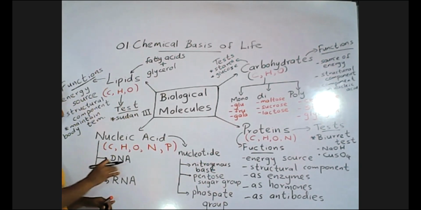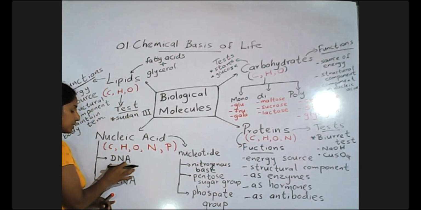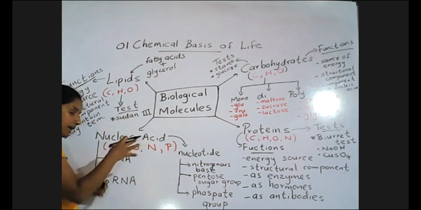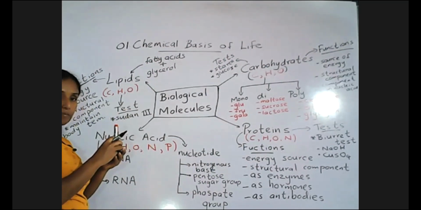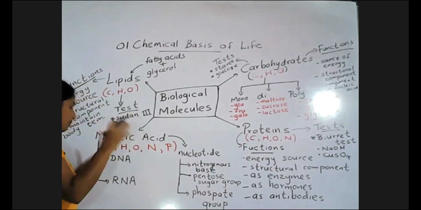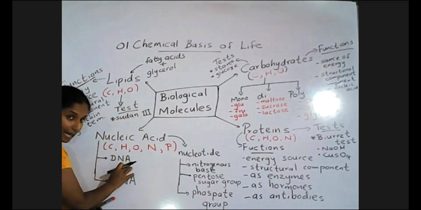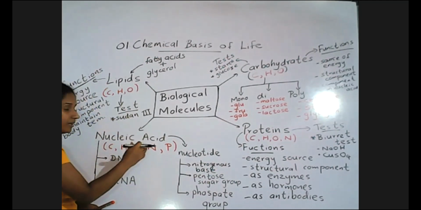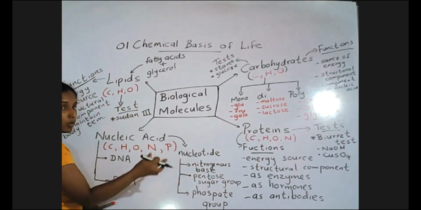Here, in DNA, deoxyribonucleic acid, the building unit is deoxyribonucleotide. Nucleic acid is something like a polymer, and nucleotide is the monomer.